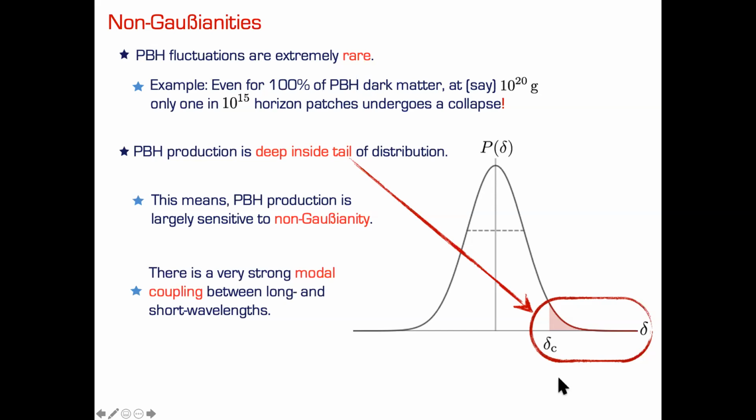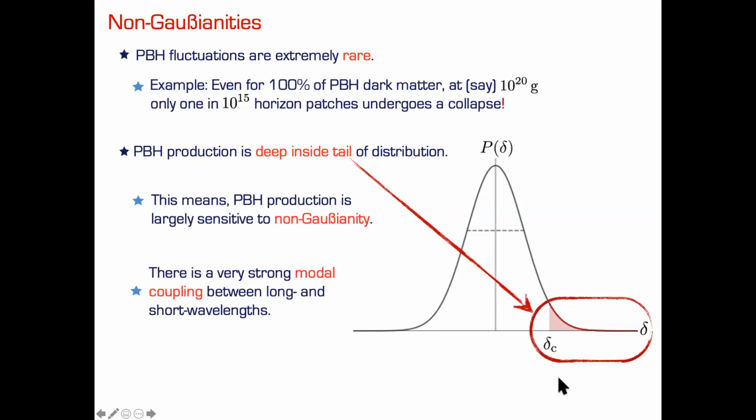What's more, I think shown by Chris Burns, there's a strong coupling between long and short wavelength modes, in the sense that you could have a back reaction of the short wavelength modes, which you need for the primordial black holes, the small scales, and the modes that produce fluctuations in the CMB.